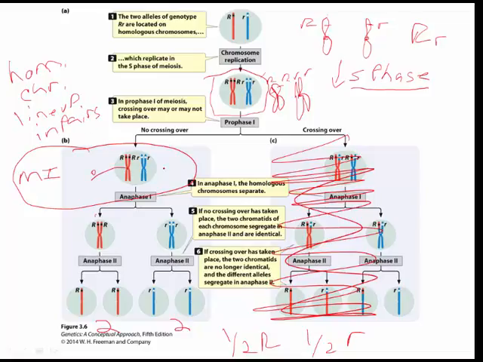And so then they have to be separated away from each other. So that's how the chromosomes account for Mendel's law of segregation of alleles.